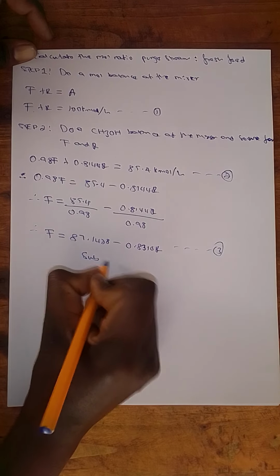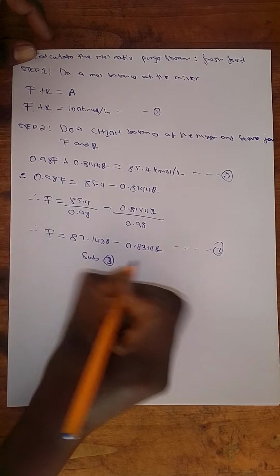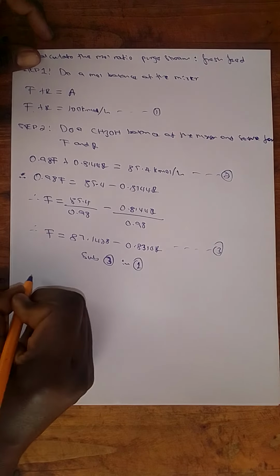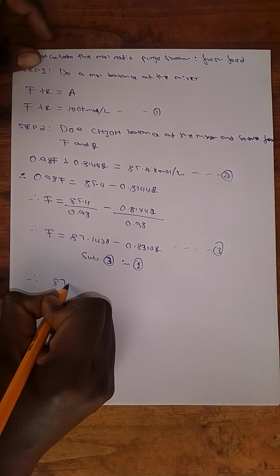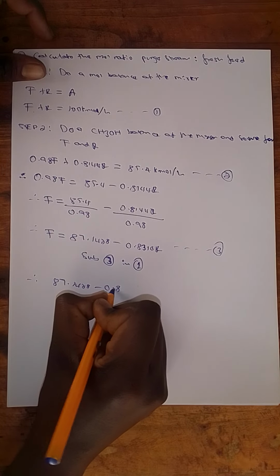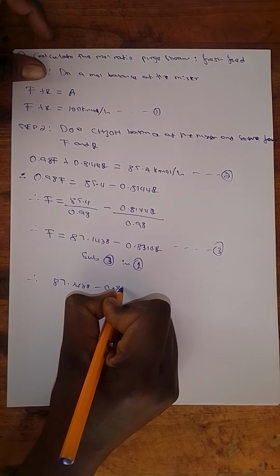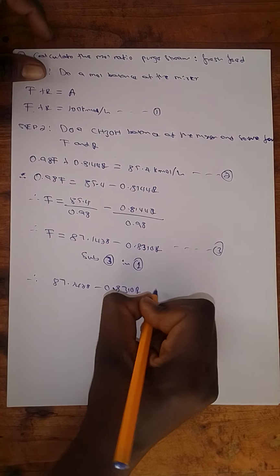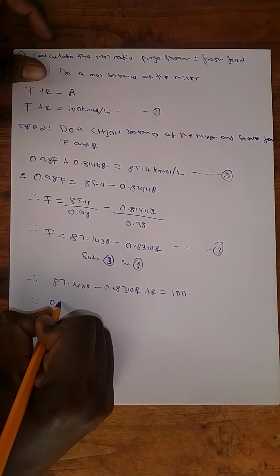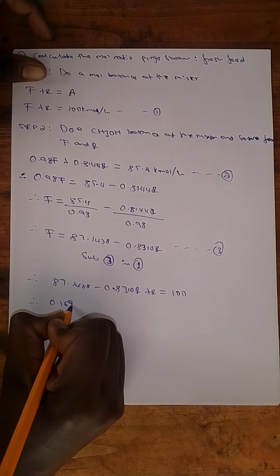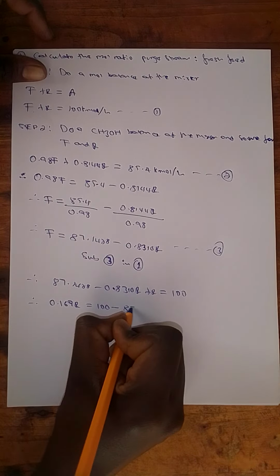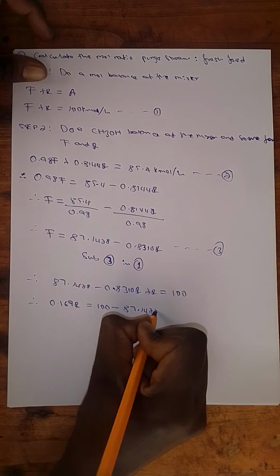So we substitute equation 3 in equation 1, and if you do that, you will find 87.1428 minus 0.8310 R plus R is equal to 100. Therefore, when you simplify further, 0.169 R is equal to 100 minus 87.1428.